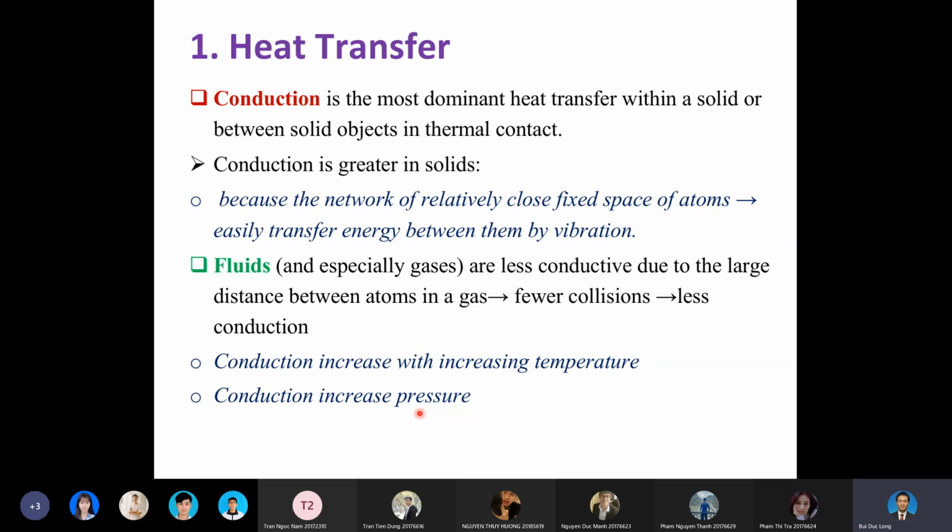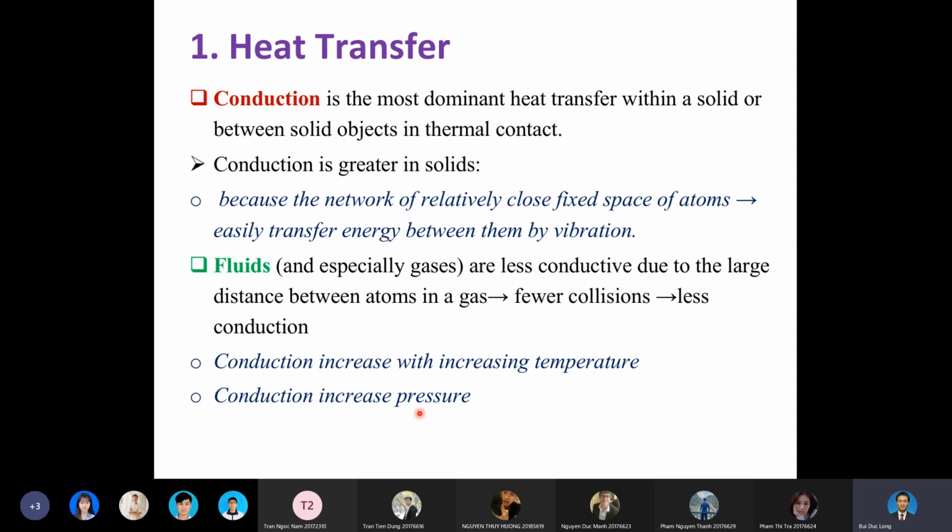So the energy is easily transferred from one to another. And of course, she also explained it right. When we increase the pressure, the distance between atoms becomes closer, so heat transfers more easily because atoms that are closer have more chance to interact. So the energy is easy to transfer from one to another.